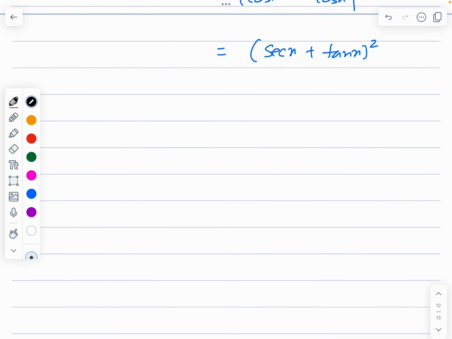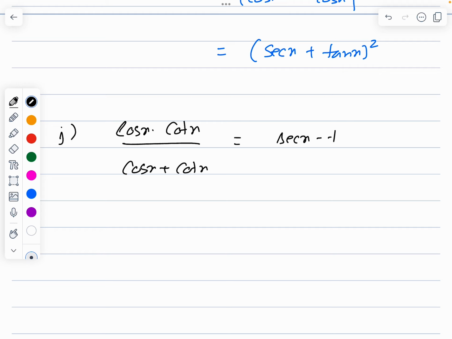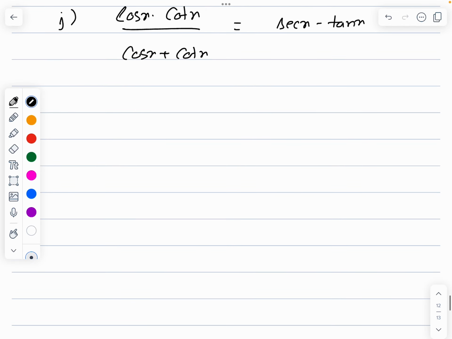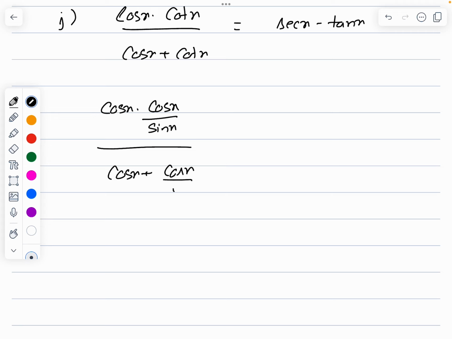Coming to the last one, J, cos x times cot x divided by cos x plus cot x equals secant x minus tan x. So first convert everything into sine and cos, then automatically you may be getting an idea. Cos x times cot x is cos x upon sin x divided by cos x plus cos x upon sin x. What is the common denominator in the numerator?